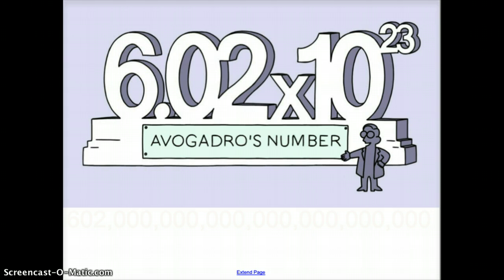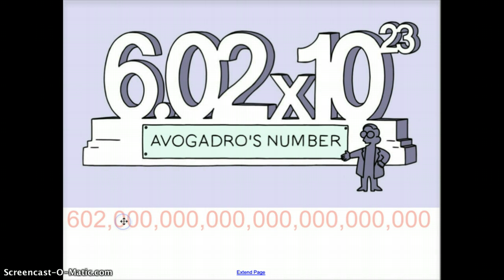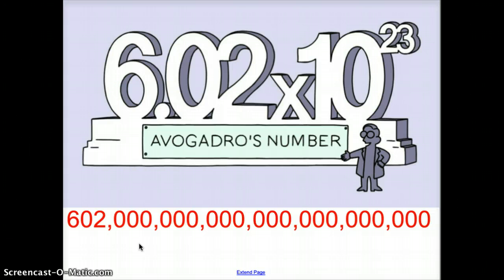And in this case, and in all cases, Avogadro's number is 6.02 times 10 to the 23rd. Now this is written in scientific notation because the actual number looks like this: 602 followed by 21 more zeros. That's a whole lot of stuff.